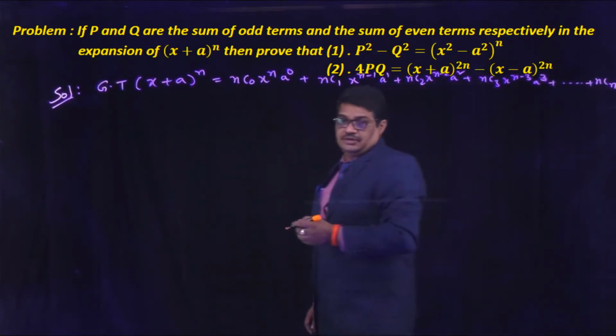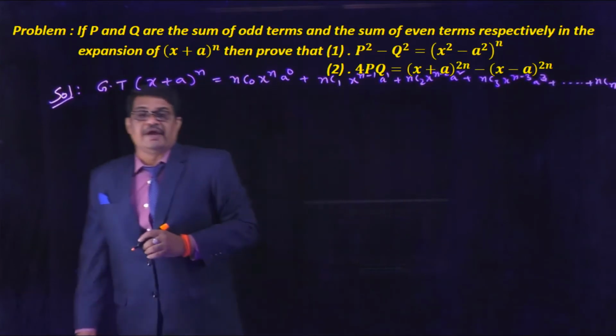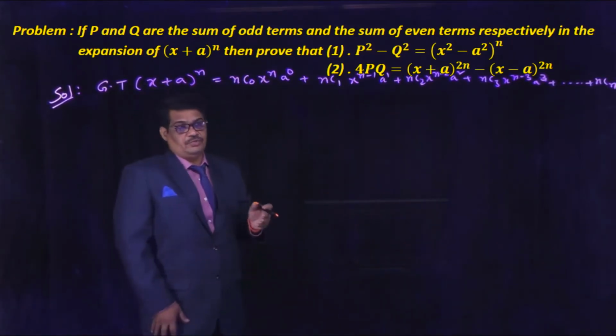So this is the binomial expansion of (x + a)^n.